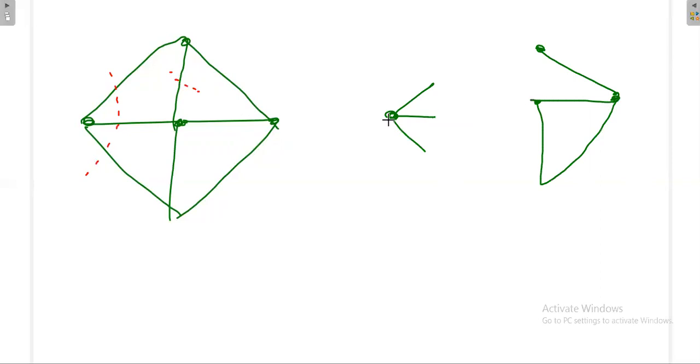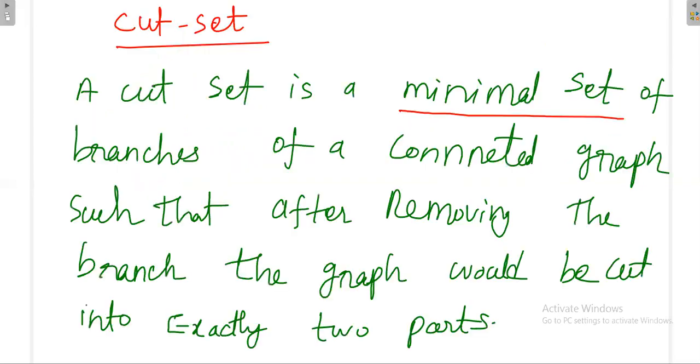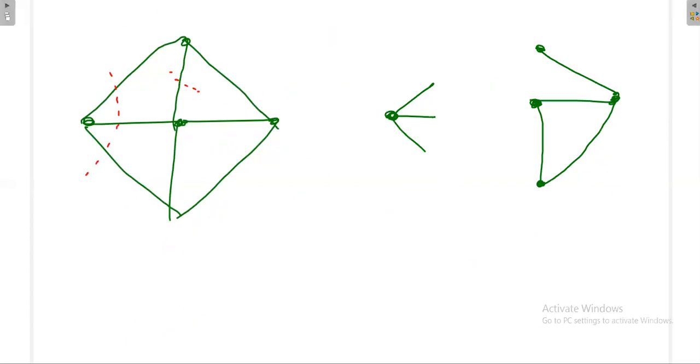Anyway, I got two parts of the graph. But again, this is not valid because we have to follow the condition. Cut set is a minimum set of branches, so you have to remove the minimum set of branches. In this process you made the graph into 2 parts, that's okay, but you have made 4 cuts, whereas with 3 cuts itself you can make it into 2 different parts.